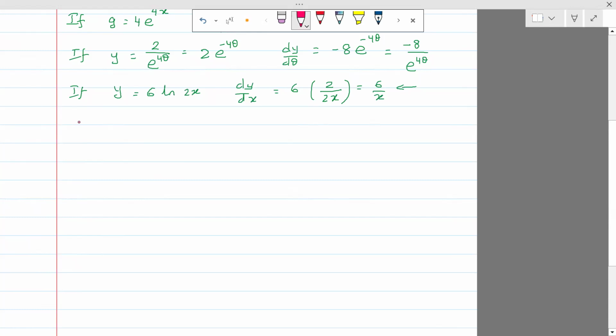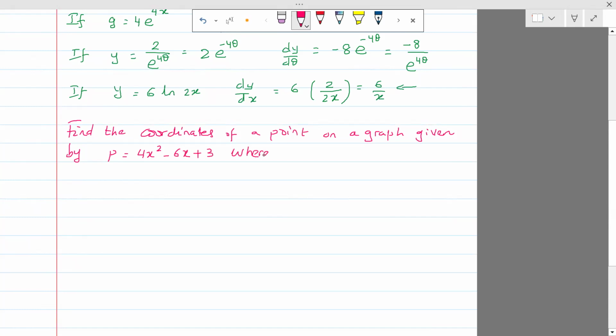So if I tell you now, find the coordinates of a point on the graph given by p equals 4x squared minus 6x plus 3 where the gradient is minus 2.